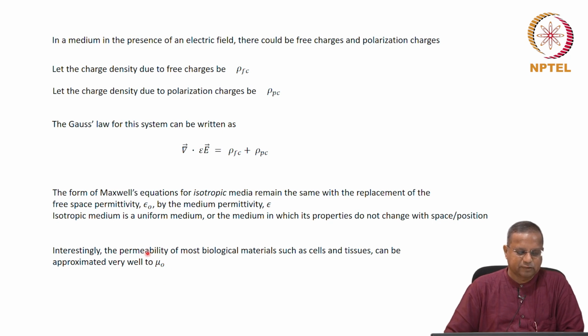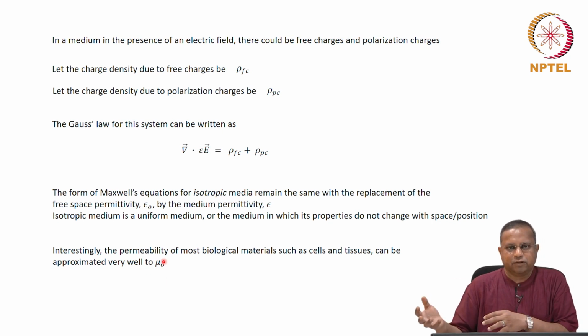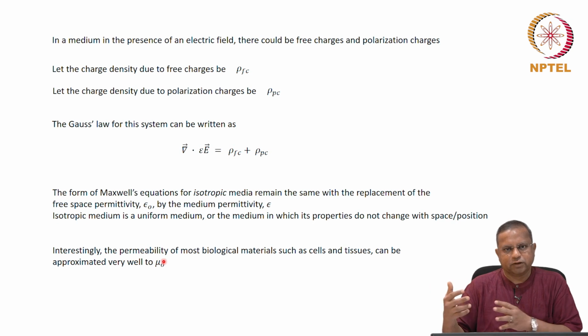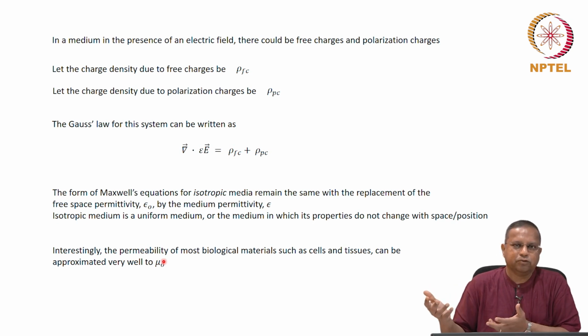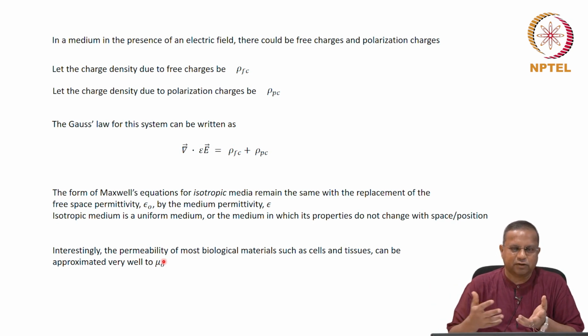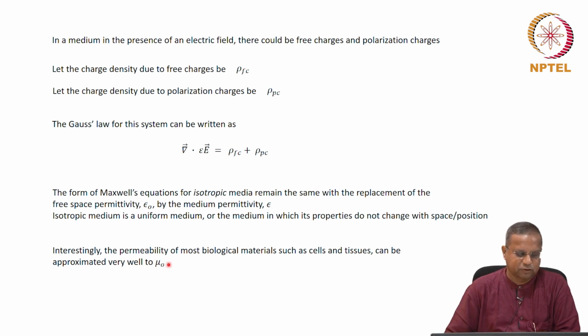The permeability takes care of the modifications from a magnetic viewpoint. It so happens that mu is not very different from mu naught, so it really doesn't matter whether you use mu or mu naught. They are very close to each other, and therefore the permeability mu of most biological materials can be approximated very well to mu naught.